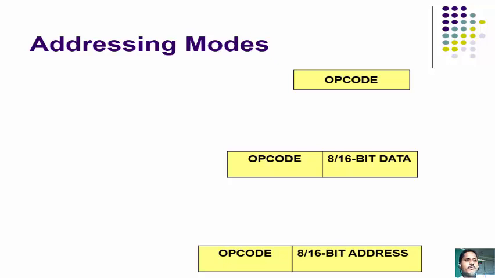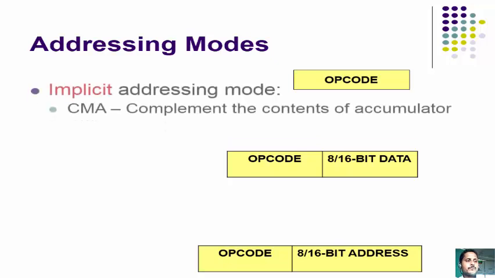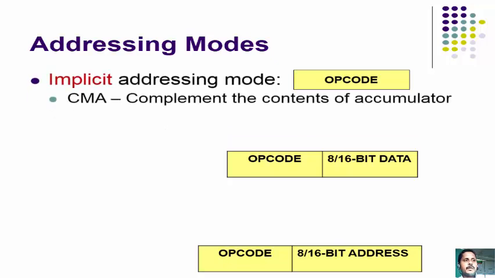Now we will see one by one. In total there are 5 addressing modes. The first one is the implicit addressing mode. In this addressing mode the instruction or the processor assumes data is available in the accumulator itself.